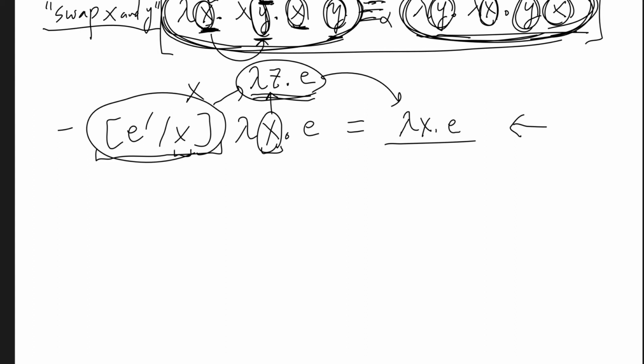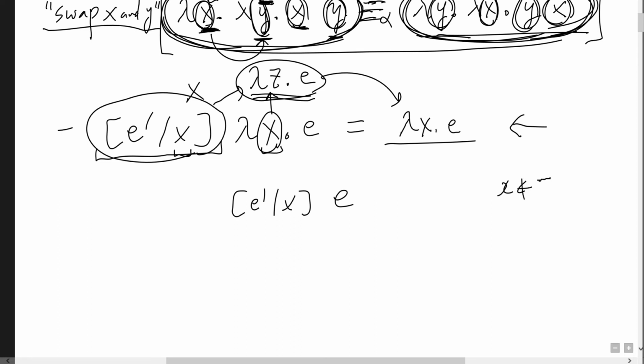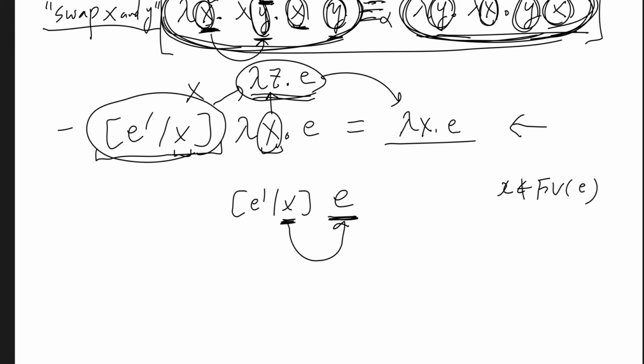So if you generalize this observation, you have something like this one. If you have expression e prime for x in expression e, where x is not in the free variables of expression e, in other words, this variable x is not a free variable in the expression e, then this substitution has no effect, which makes sense intuitively. You can think of this substitution as trying to find a global variable in expression e and then substitute e prime.